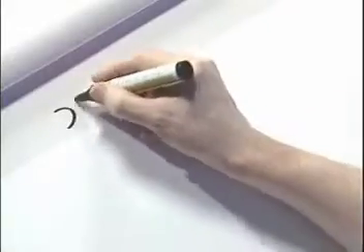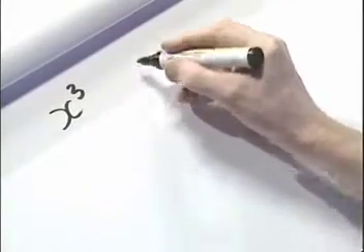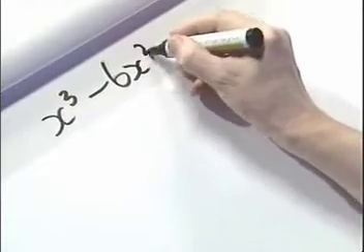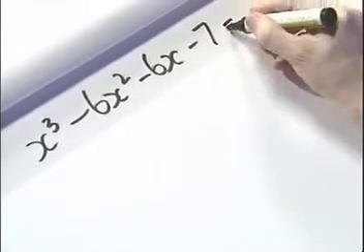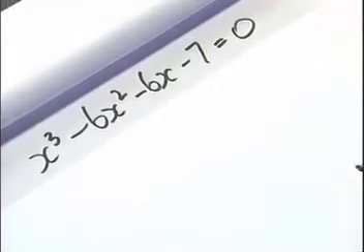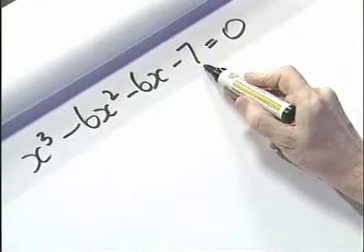Consider the equation x cubed minus 6x squared minus 6x minus 7 equals 0. Now it's possible for every solution to be irrational, but if there is a rational solution, then because the coefficient of x cubed is 1, it's going to be an integer, and it's going to be a factor of 7.